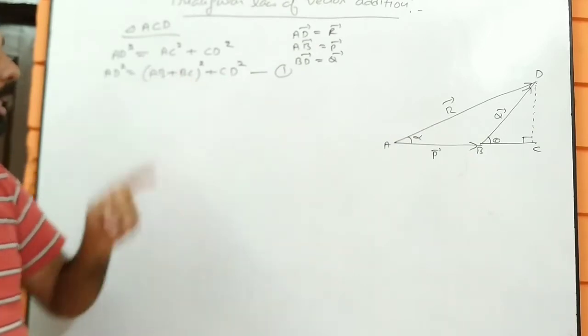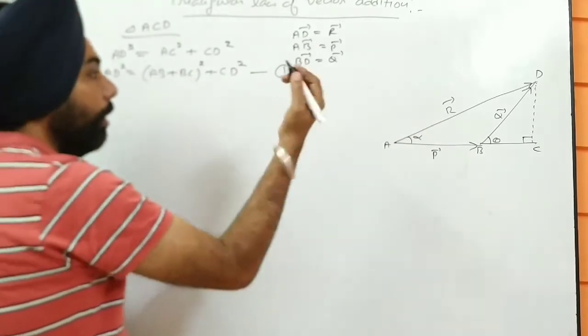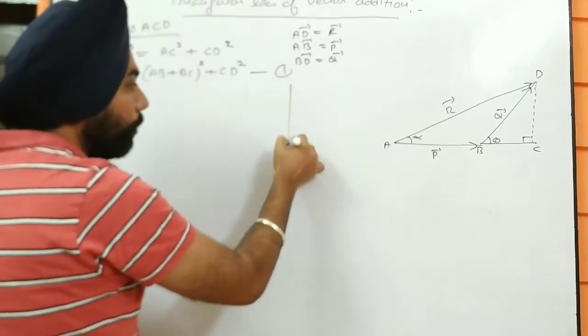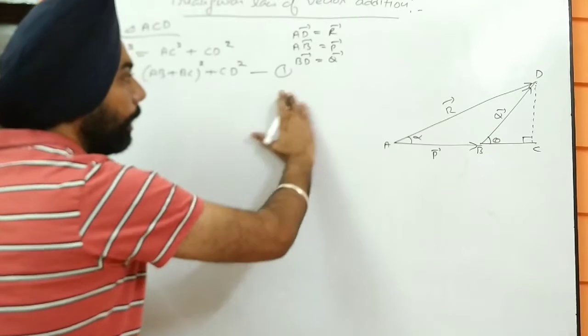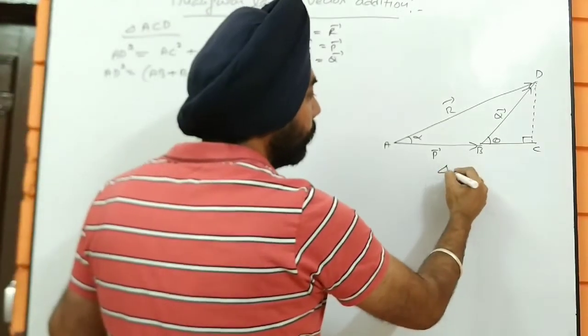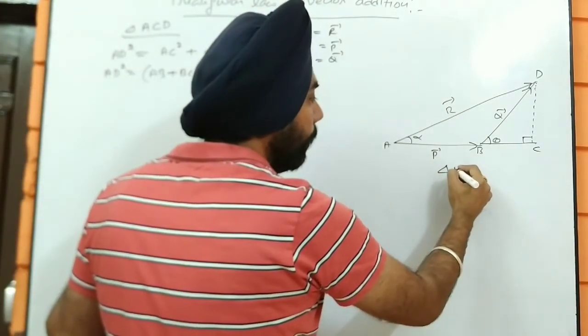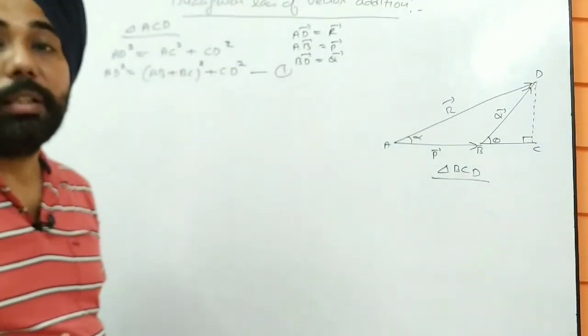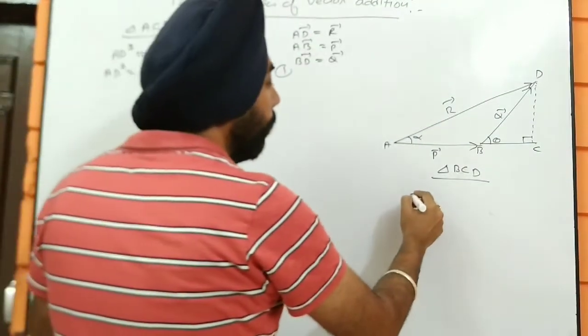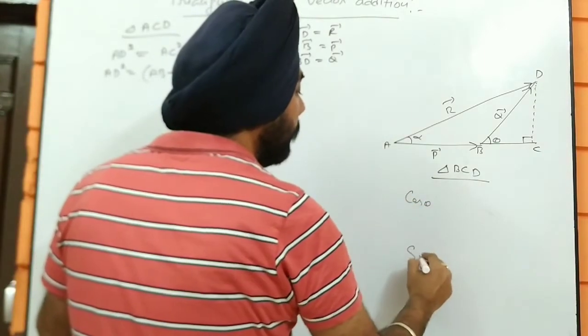Now BC and CD, how we can calculate that? For that we have to go through a smaller triangle, that is BCD, that is also a right angle triangle, and you can easily calculate cos theta and sin theta here.